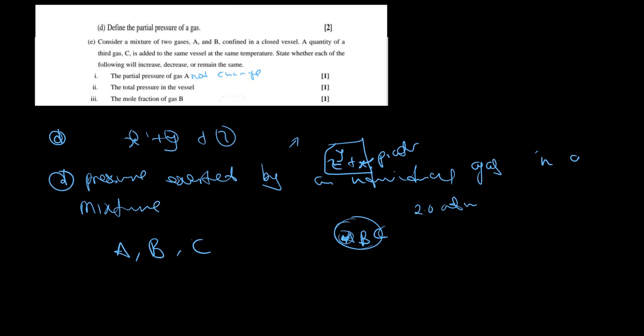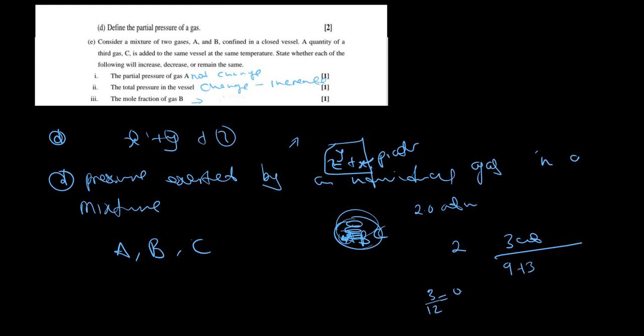All right, so the total pressure now will change. It will increase, because we have added gas and we still have a small vessel, so they will be interacting frequently inside. Then the mole fraction of gas B will reduce. Let's say we had 3 atm for B and the total was 9. Bringing in the other 3 gives us 12, so the value will reduce.